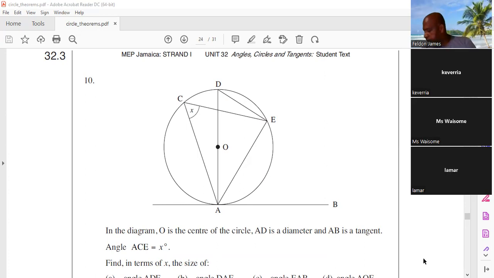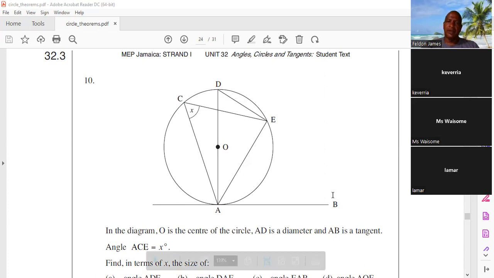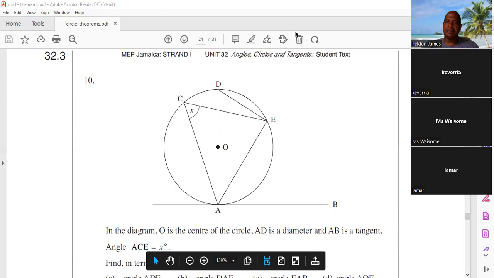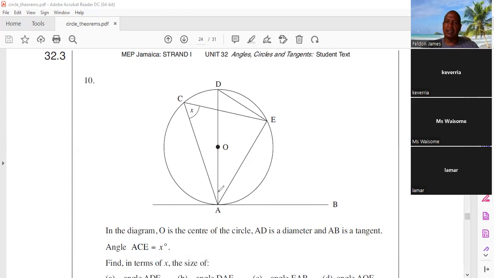You have to use all the theorems that you know, guys. What do you know? You know that you have a tangent. This is a radius. So you know that this is 90. What else do you know?